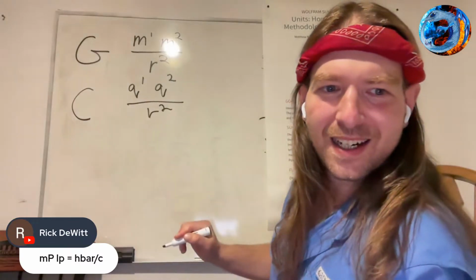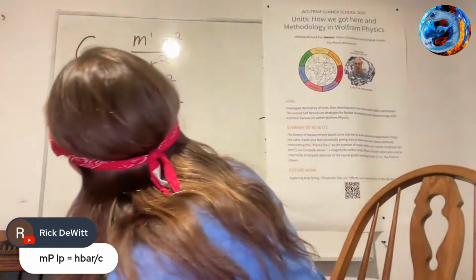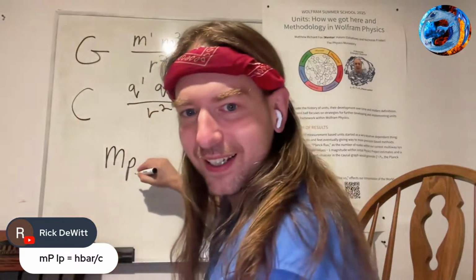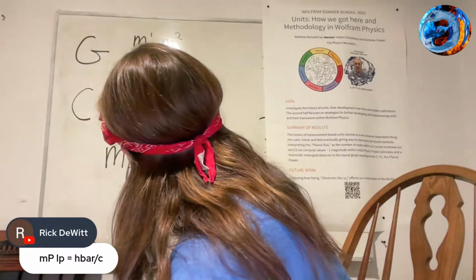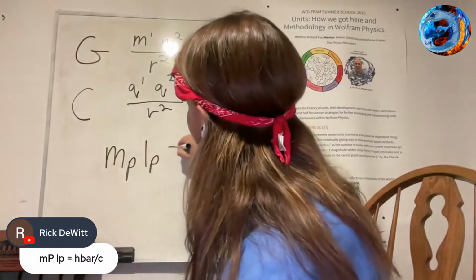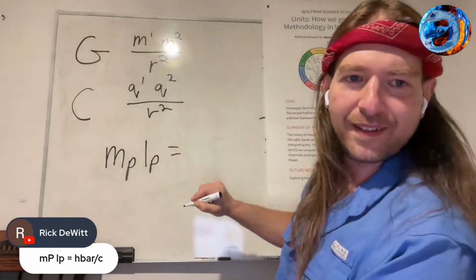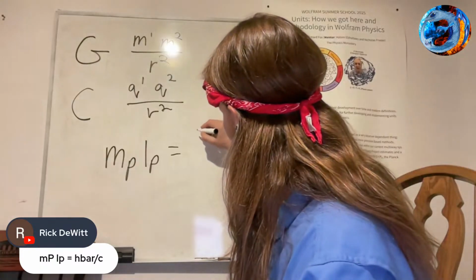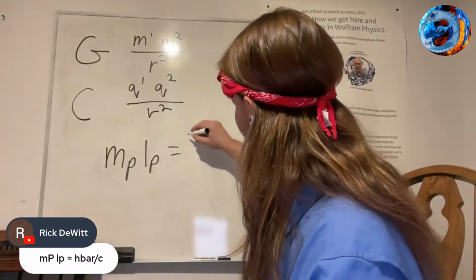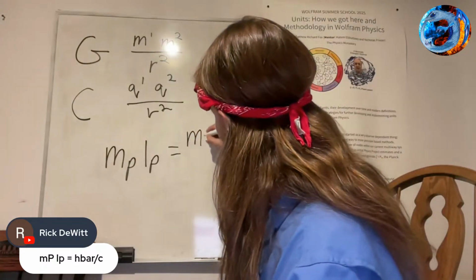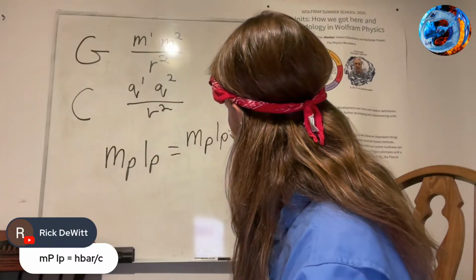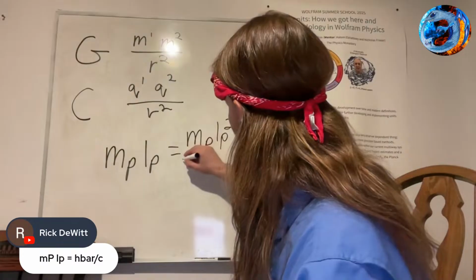All right. So Rick is saying, so Planck mass, Planck length. We got Planck mass times the length Planck. I'm going to set that equal to H bar C. H bar is mass area, so it's length squared, right?